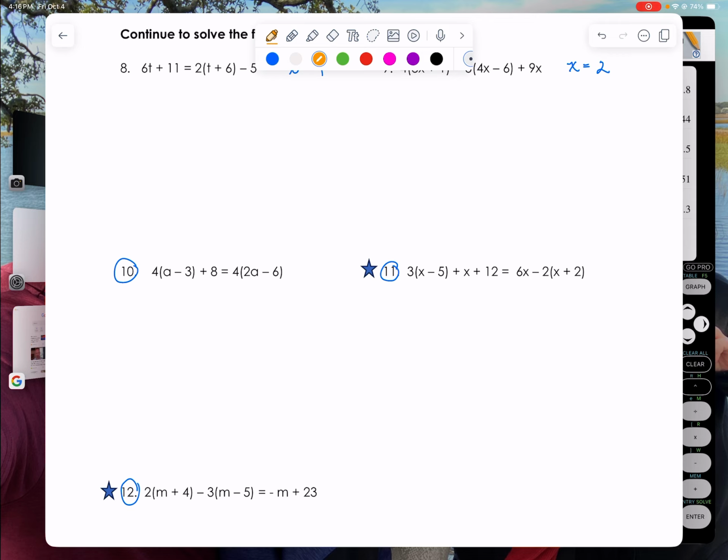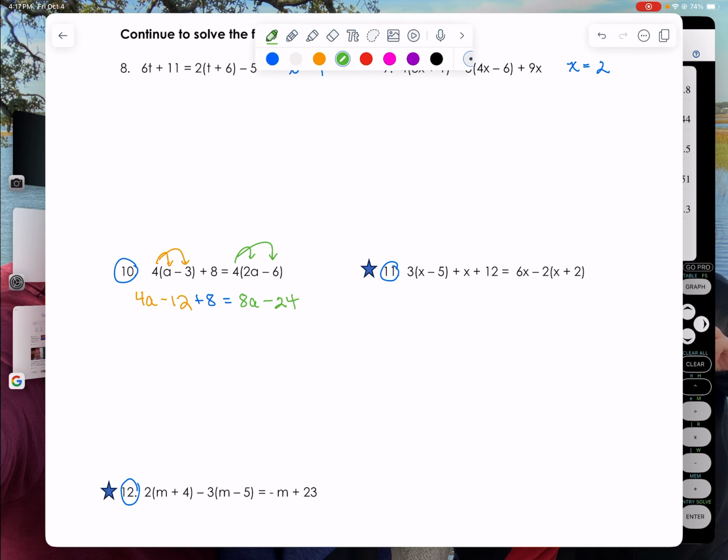So I'm going to distribute that 4 times the a minus 3. So that's going to give me 4a minus 12. And then I'm just going to keep writing plus 8 equals. And now I'm going to distribute the 4 times the 2a minus 6. So that's going to give me 8a minus 24.